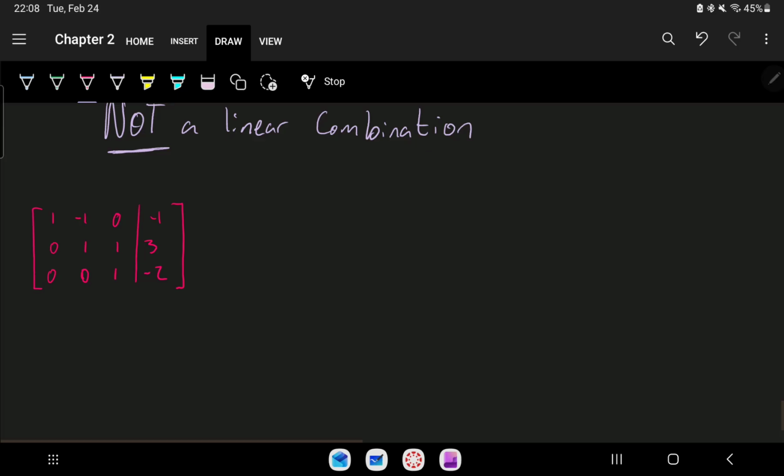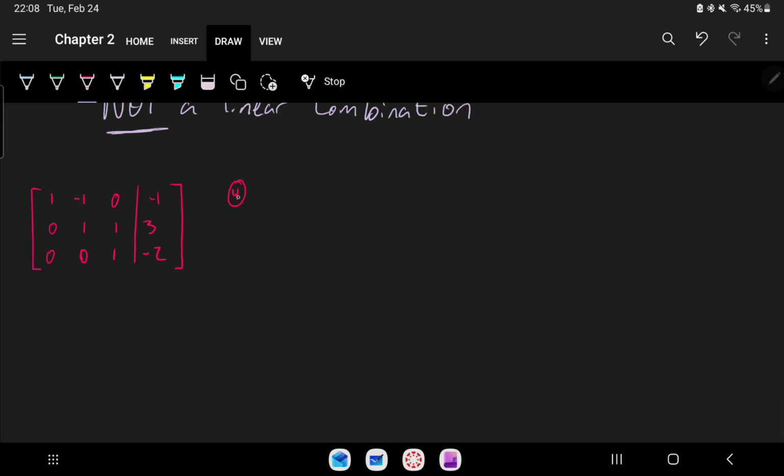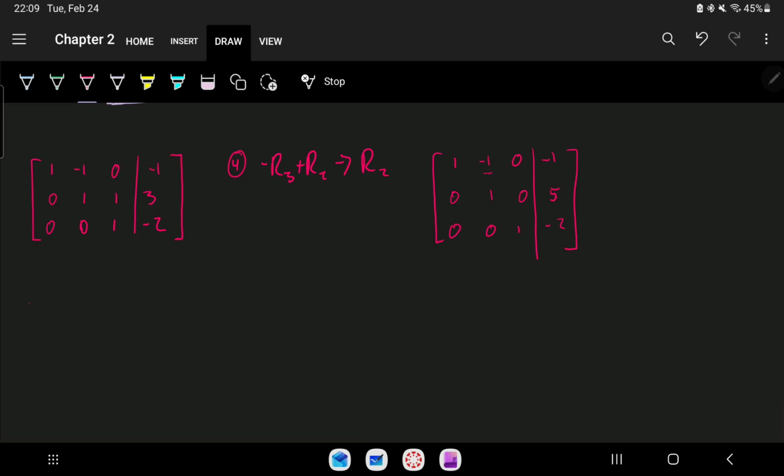At that point, we can use this to get rid of this 1 right here. What step was I on? 3? You can do negative row 3 plus row 2 goes to row 2. And then we also want to get rid of this guy. And technically, you don't really need to take it all the way down to reduced row.